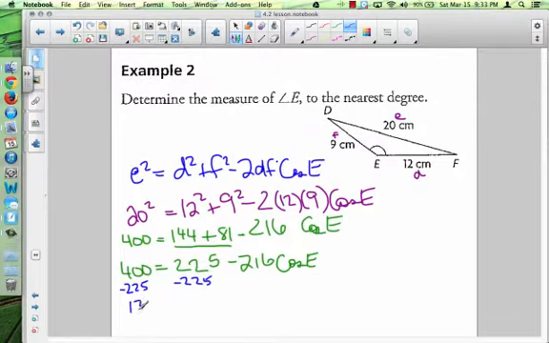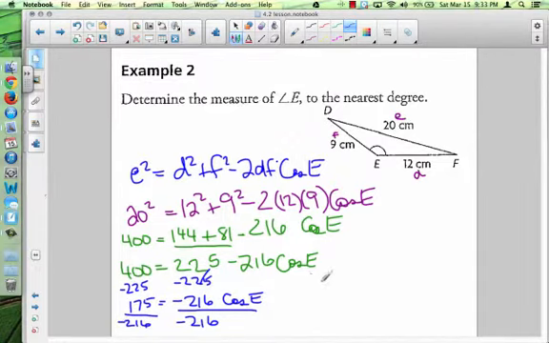So I have 175 equals negative 216 cos of E. I want to find angle E, so I'm going to isolate it. Divide by negative 216. Divide by negative 216.